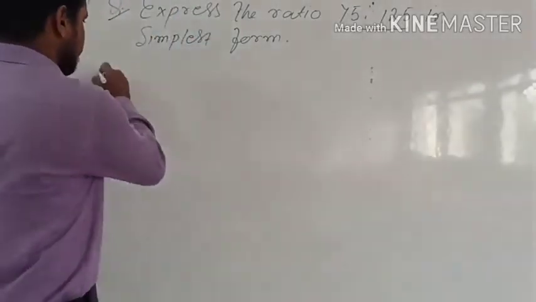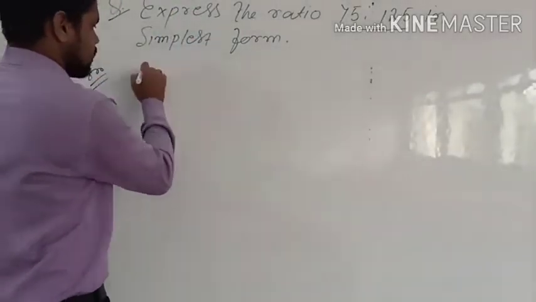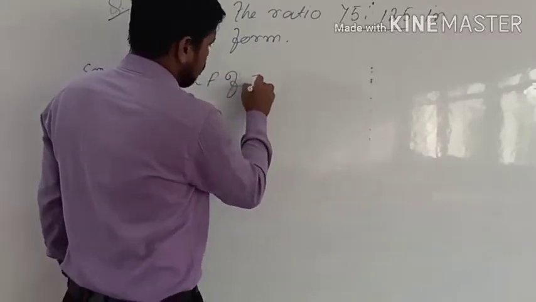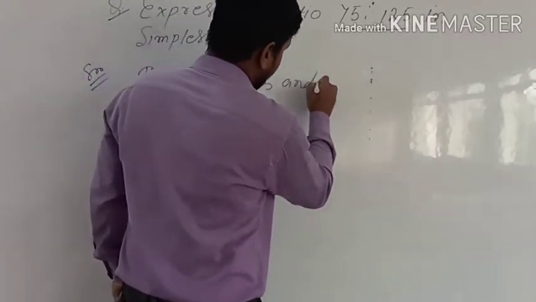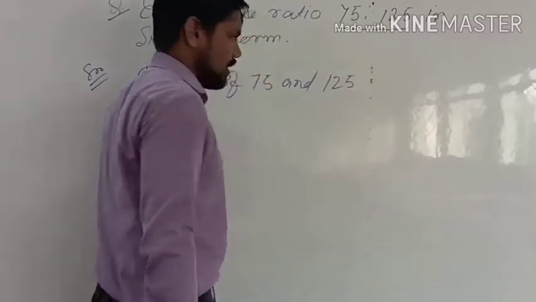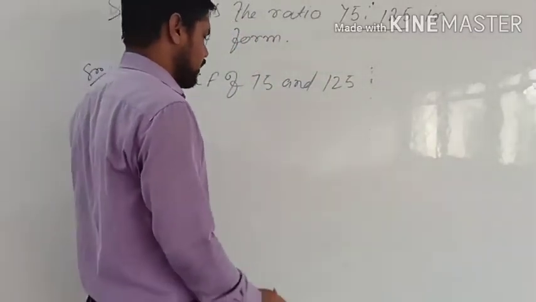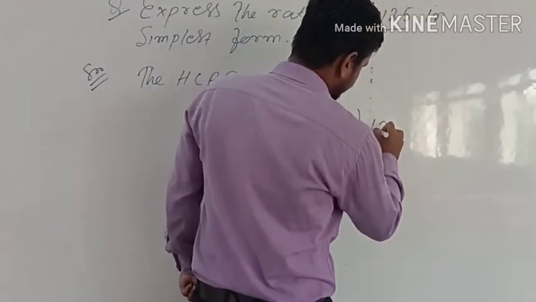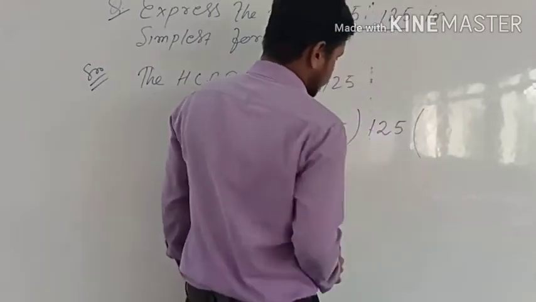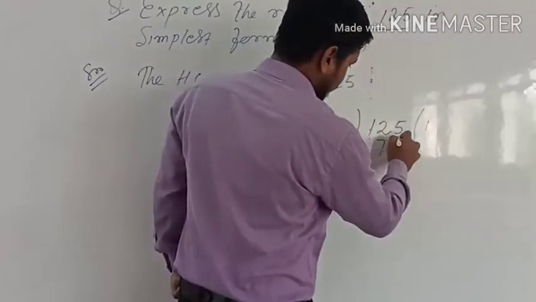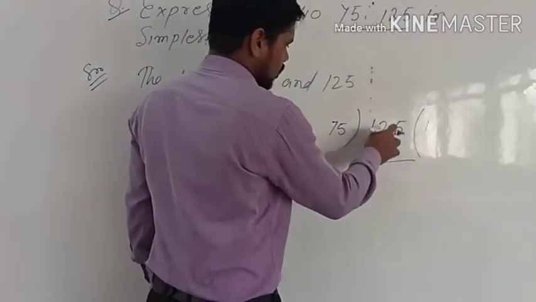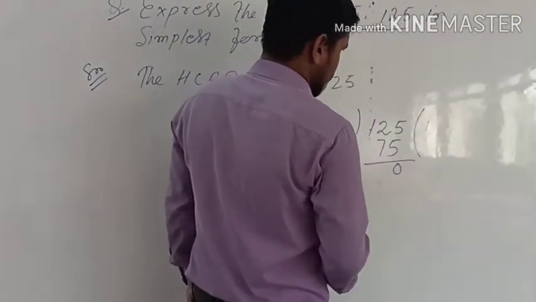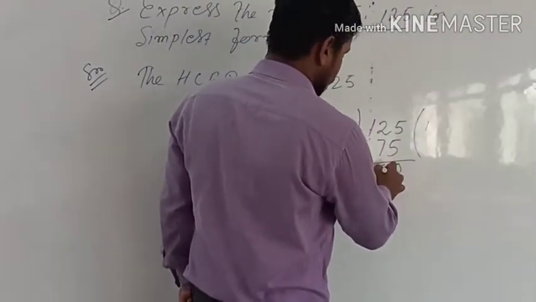So here we will see the HCF of 75 and 125. So let's use the division method to find the HCF of these two numbers. So 125 divided by 75. 75 ones are 75. Then 125 minus 75 is 50.